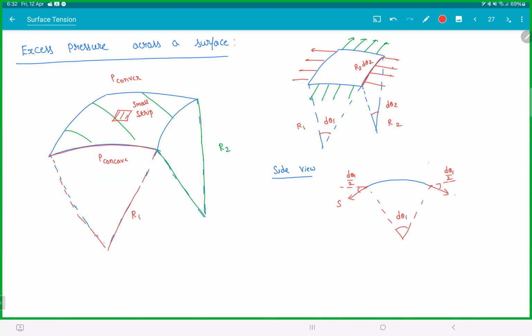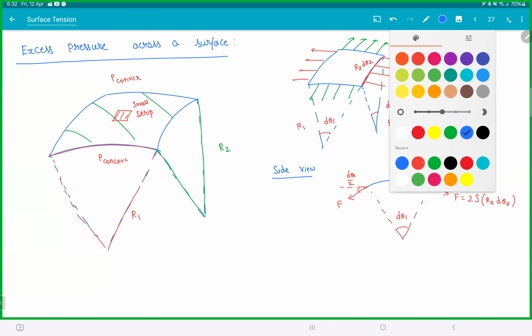So this force is actually surface tension S into r2 d theta 2, into 2. So these two vertical components would be 2F. That is the one side view.